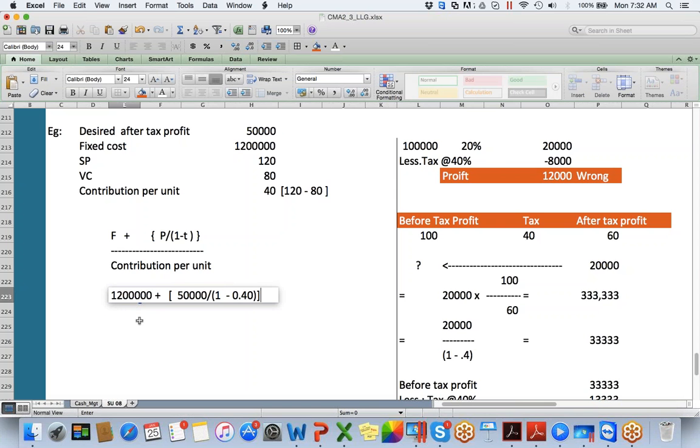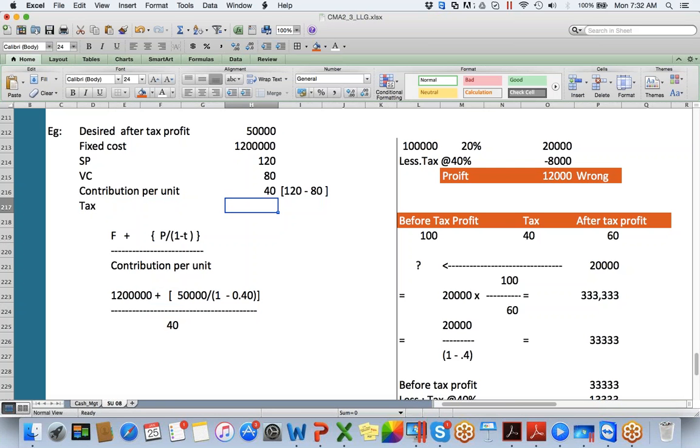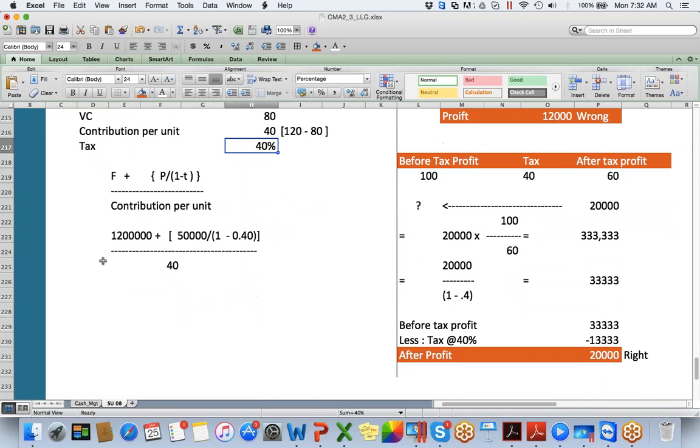And divided by contribution margin per unit. Already you calculated, you kept it ready. That is $40. So I'll give you percentage tax 40%. If it is 35%, you should write here 0.35. If it is 30%, 0.30. Is that okay? Yeah. Now what you need to do is first you simplify this and add it to fixed cost.